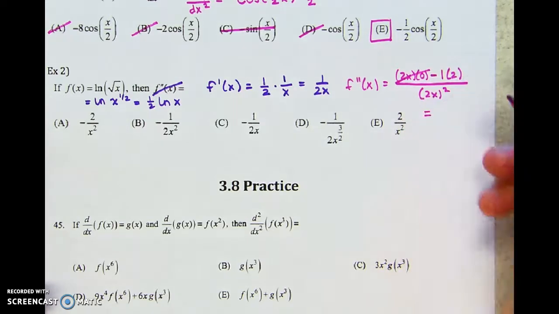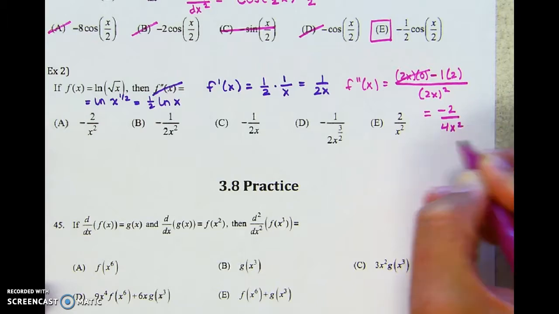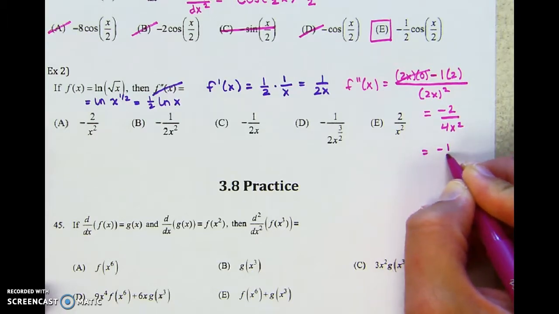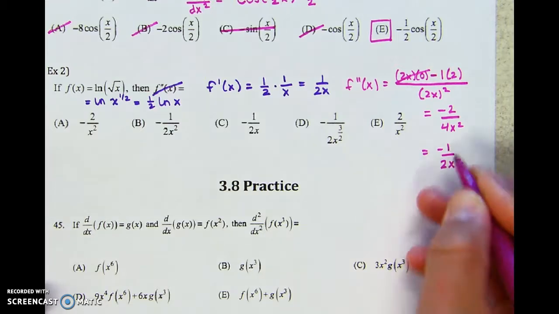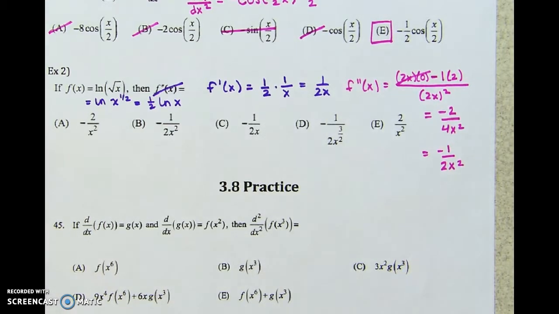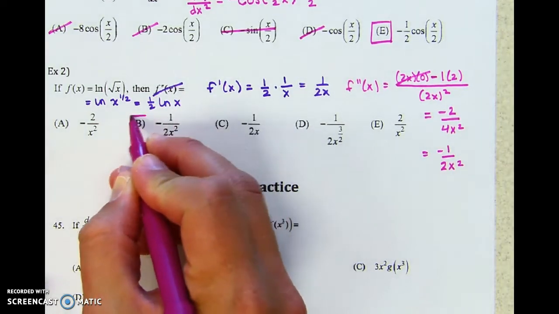That's 0. Negative 2 over 4x squared simplifies to negative 1 over 2x squared, and that negative would be moved in front. So right answer is where? B.